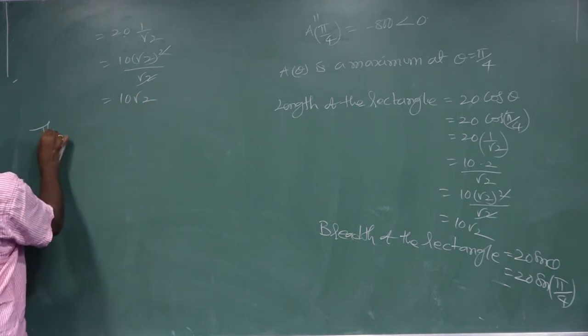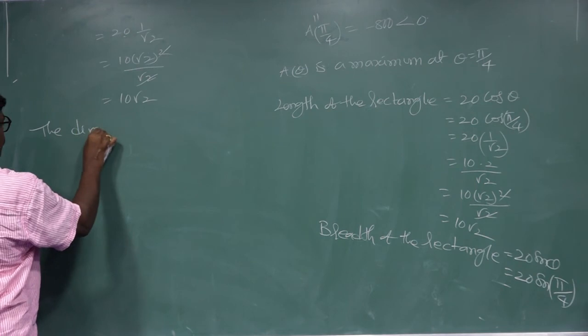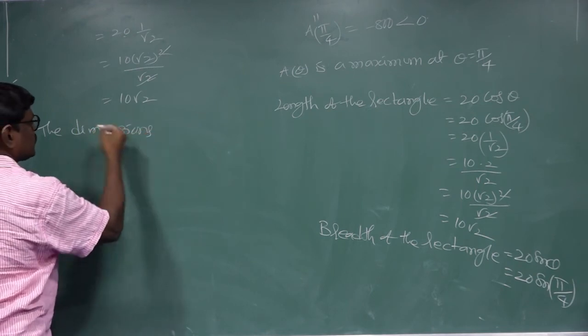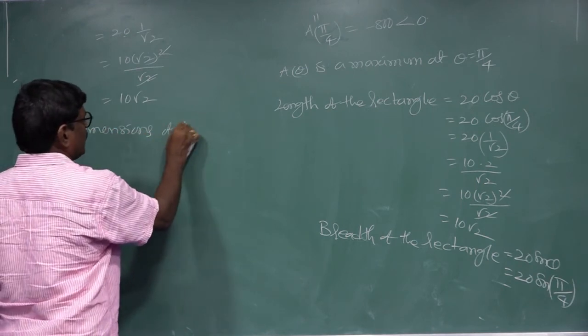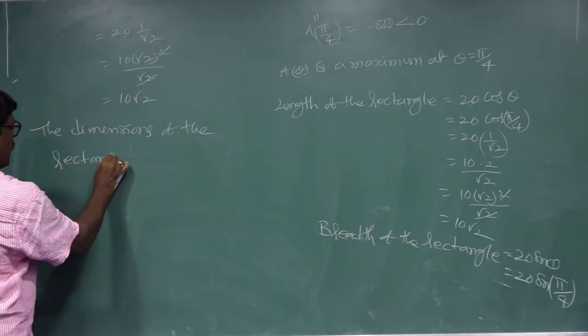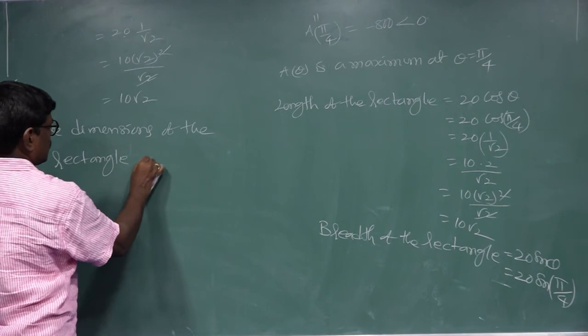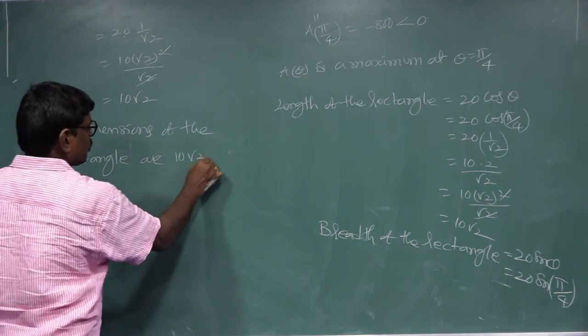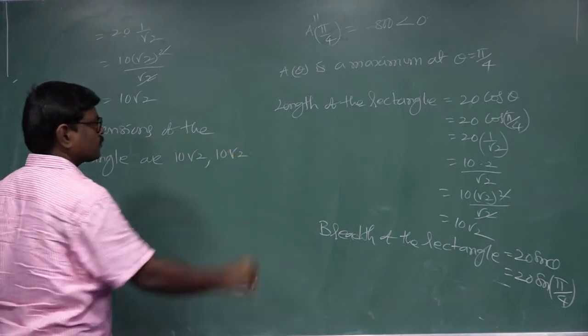Then the dimensions of the rectangle are 10 root 2 comma 10 root 2.